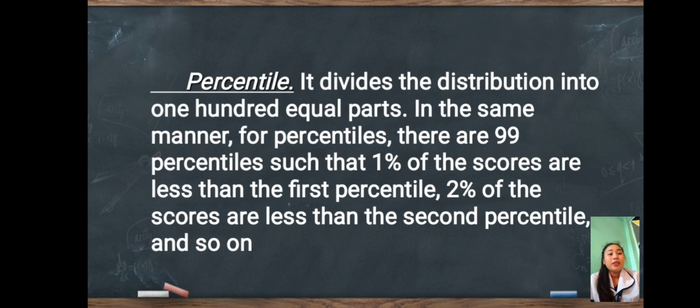In many cases, percentiles are wrongly interpreted as percentage scores. For example, 75% as a percentage score means you got 75 items correct out of 100 items, which is a mark or a grade reflecting performance level.